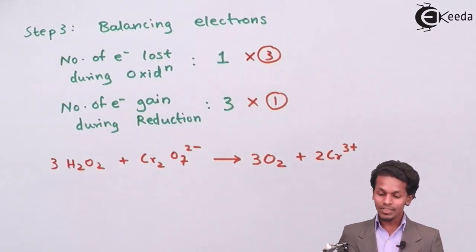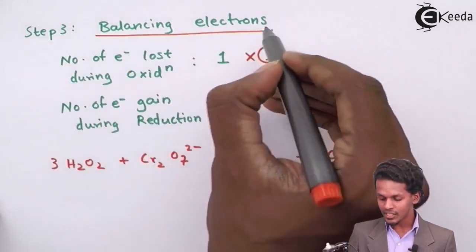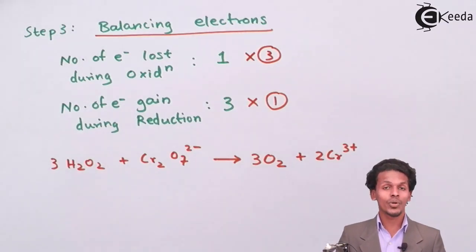So now this equation is balanced with electrons. So now next, what are we going to do?